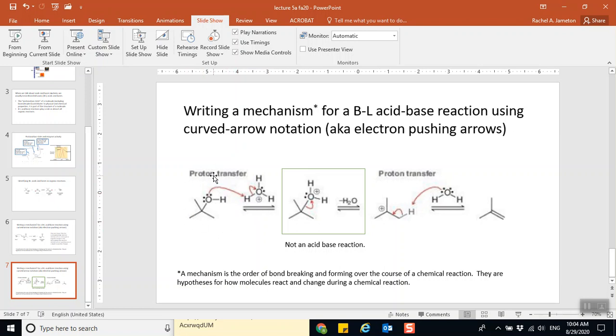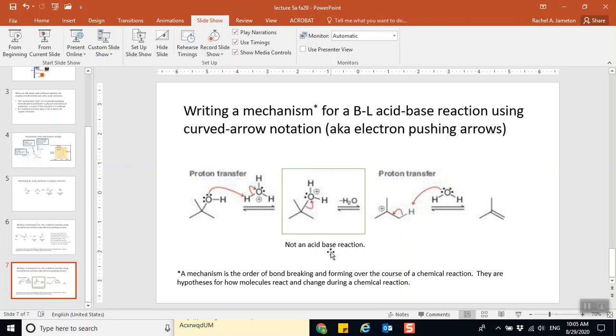We also see it referred to as a proton transfer. You can see that the arrow starts at the lone pair, shows a new bond forming to the proton. At the same time, the bond between the oxygen and the hydrogen becomes a lone pair on the oxygen. As we see here, we get our product.